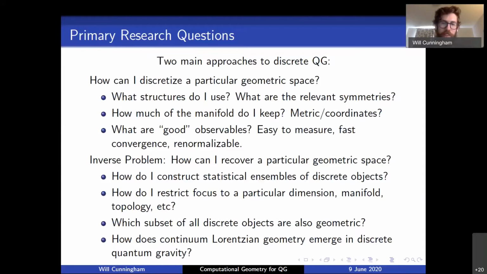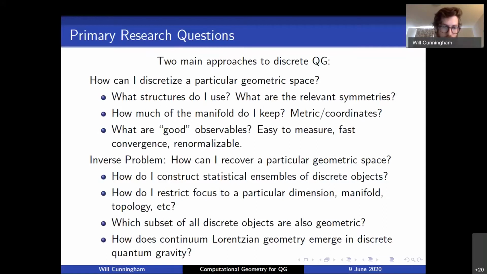In general, it's unsolved, but we are focusing on very specific examples, for instance, flat space or two-dimensional space, very much toy models. So some of the relevant things that we'll think about are, how do we restrict the focus to a particular dimension, a particular manifold, a particular topology, without really giving it the answer to begin with?